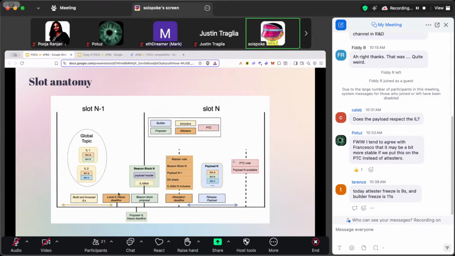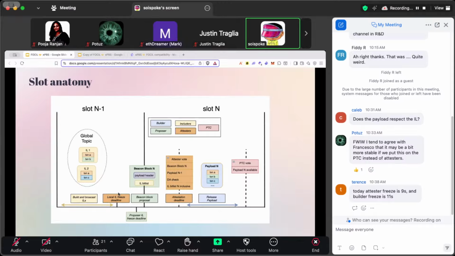I think local builders could do that quite fast too. It's also not completely rebuilding the whole block, because it's making sure to add the IL transactions you can add, but it's not some weird complex MEV strategy ordering.